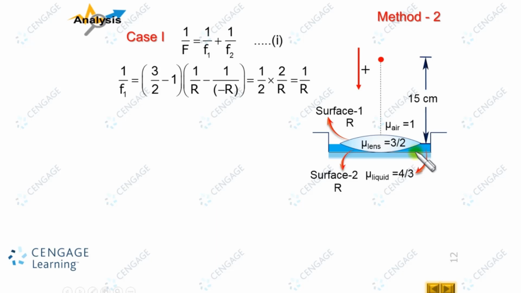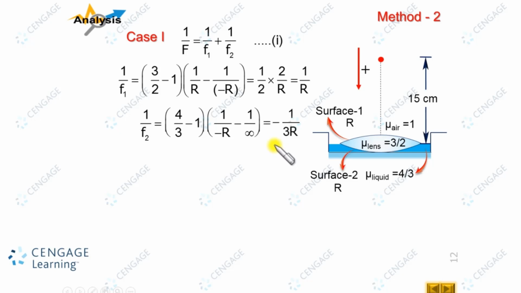Radius of curvature for the second surface is infinite and refractive index is 4 by 3. So here we can write 1 upon F2 equal to 4 by 3 minus 1, 1 divided by minus R minus 1 upon infinite. And after calculation we will have minus 1 divided by 3R.